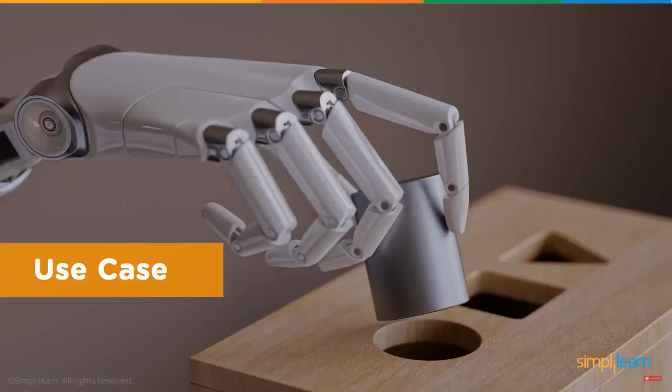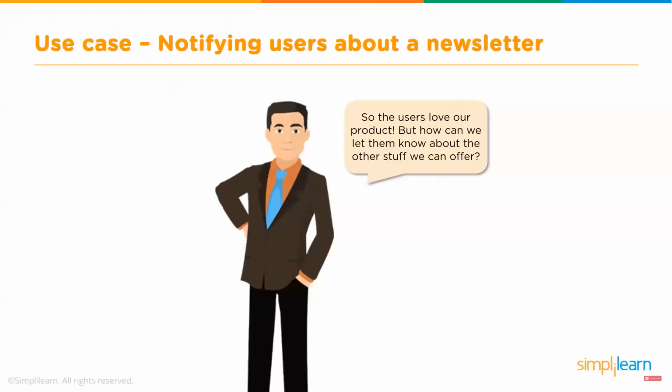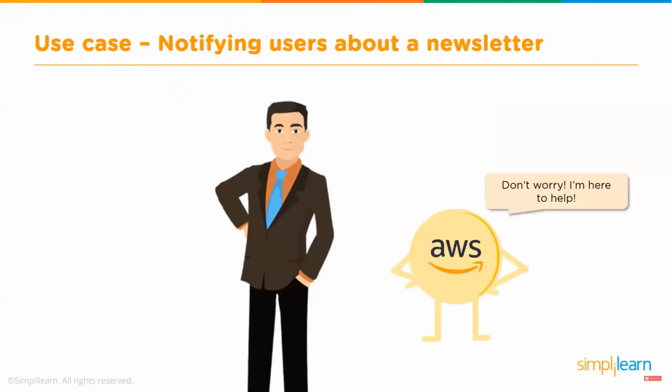Alright, let's talk about this use case. A successful business owner has a bunch of users and a successful product that's running, and now he has developed a few more products that he thinks his customers are going to like. Now how can he advertise his product to his new and prospective customers? The solution to this question can be addressed by AWS.